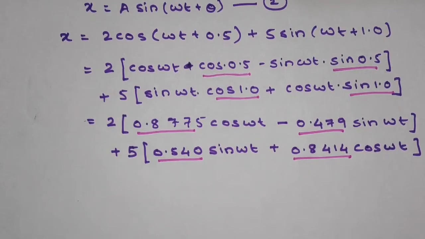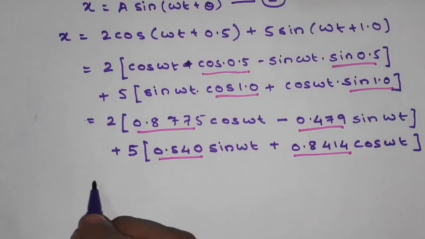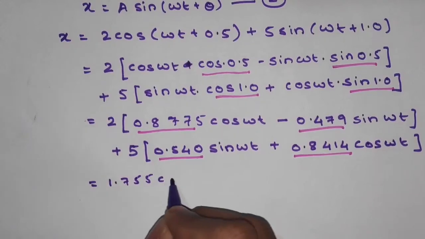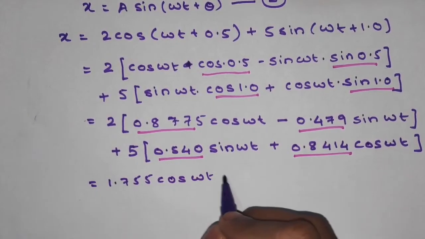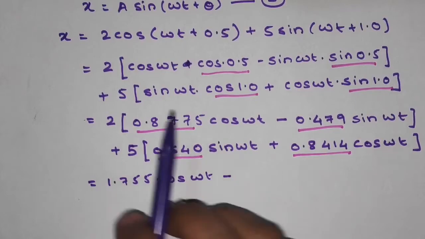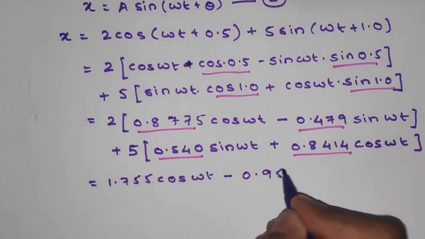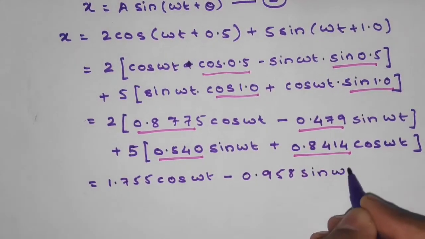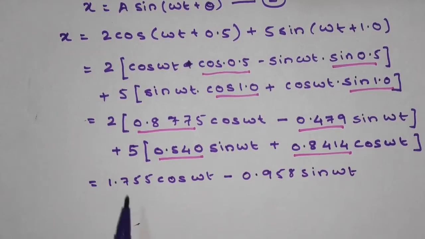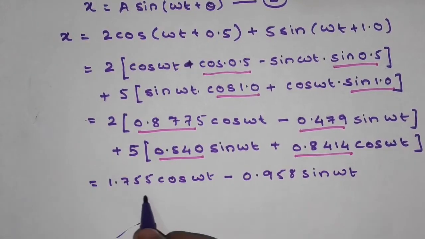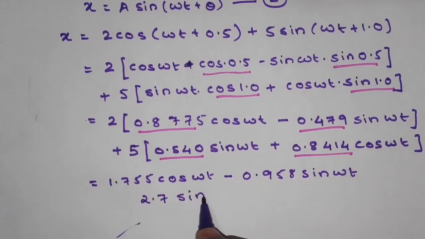This I'll further simplify. When I take the 2 inside the bracket, I get 1.755 cos ωt minus 2 into 0.479, which is 0.958 sin ωt. Then 5 into 0.540 gives 2.7 into sin ωt.